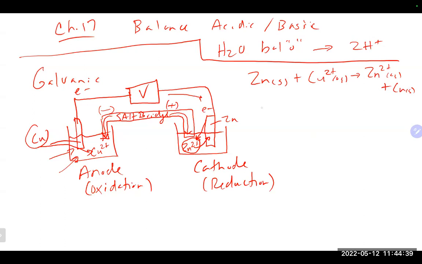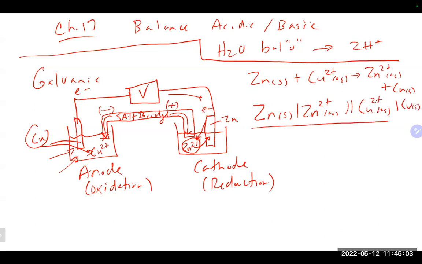We could also write this as a cell diagram where we go with our anode first, separated by the salt bridge, which is represented by 2 lines, to our cathode side, which is this copper here and that solid copper there. So this is what is sometimes referred to as a cell diagram, a shorthand of how the reaction is happening. And it's always written as anode first to the cathode here.